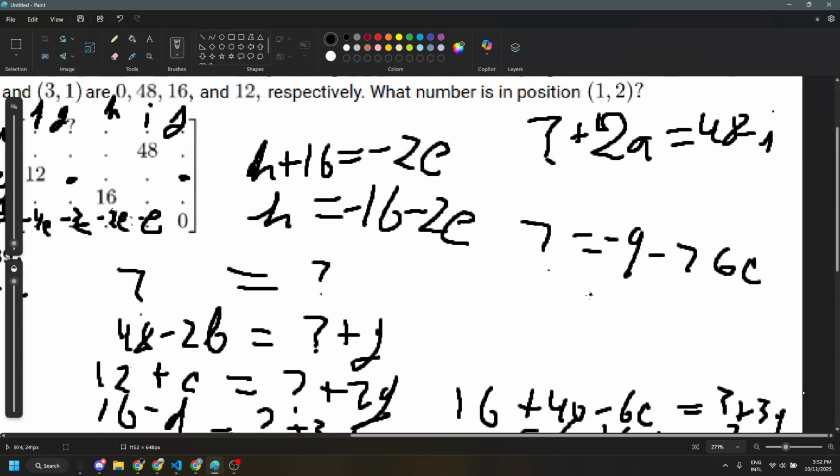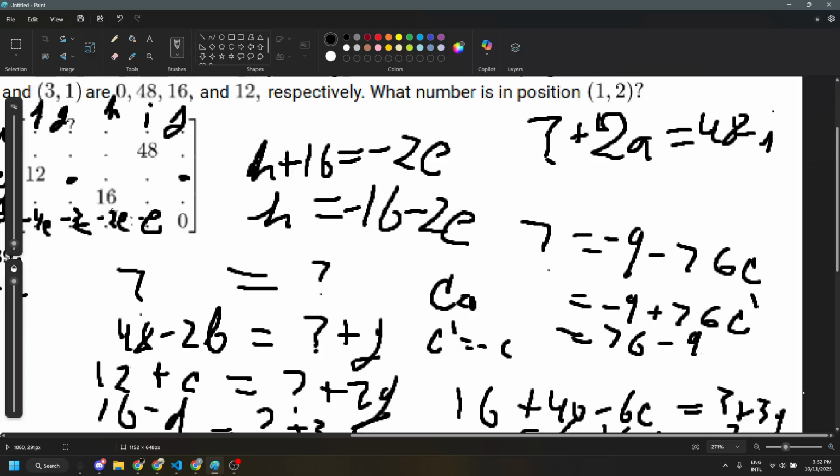Okay, so I'm looking here. Let's say c is less than 0. So that means let's say c prime is equal to negative c. So we have negative 9 minus, it'd be plus 76 c prime. So it is equal to 76 c prime minus 9.